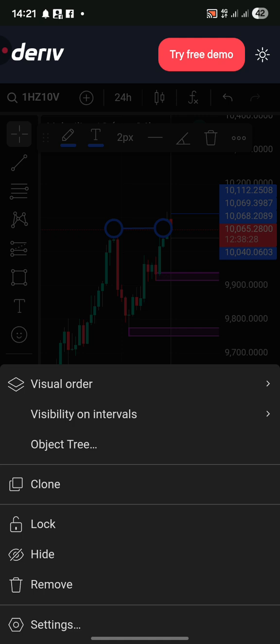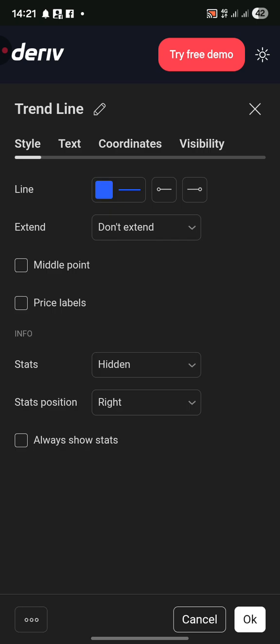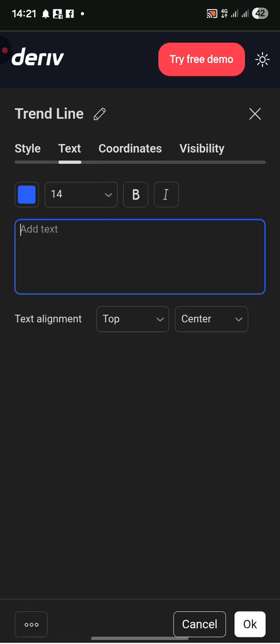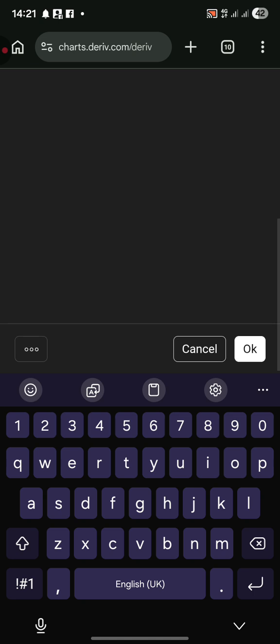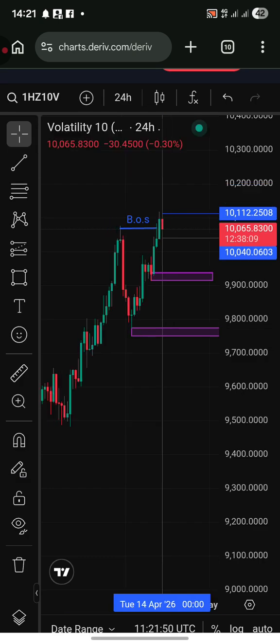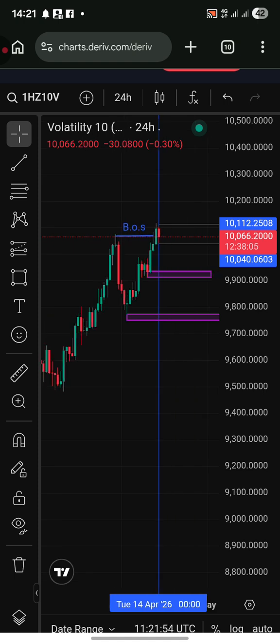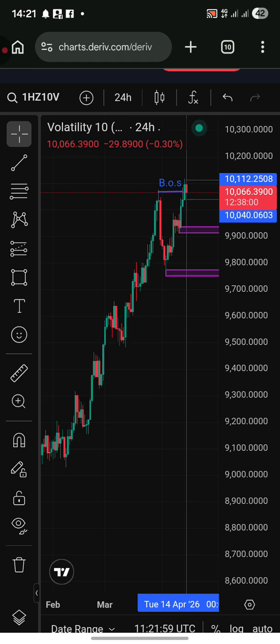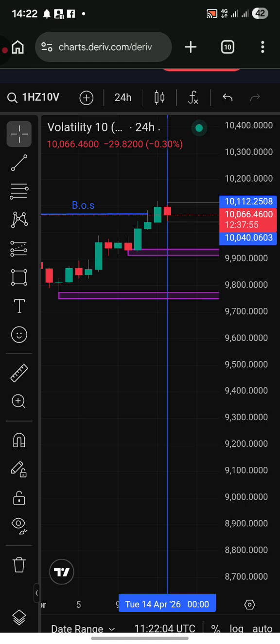I need to go to the settings, text, and label it BOS. Then I save it on top of that. So, for example, that's how the market has been going through. So that is what we have analyzed on a 24 hours time frame.